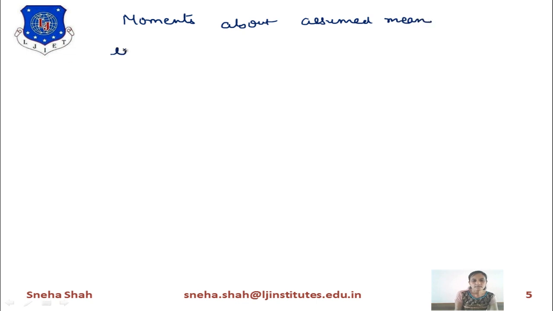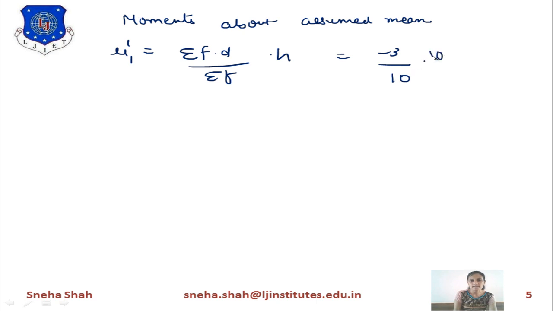So its value mu1 dash equals summation f into d upon summation f into h. The summation of f into d equals minus 3, the summation of f equals 10, and what is the value of h? We had taken the value of h equals 10, right?